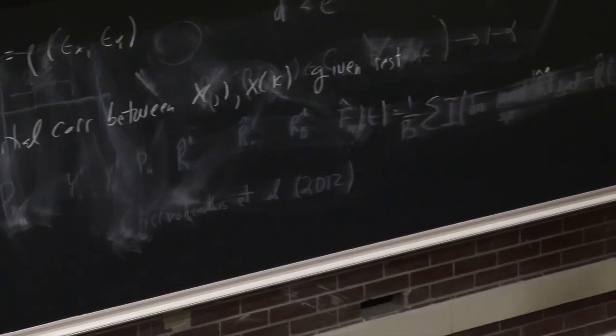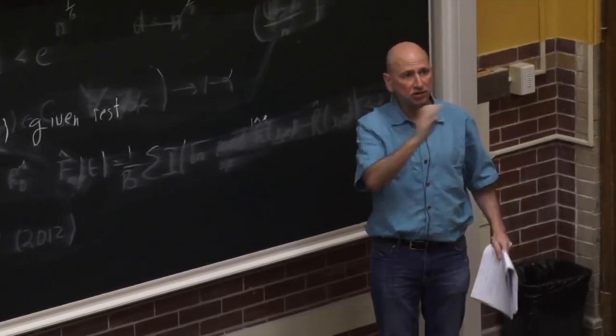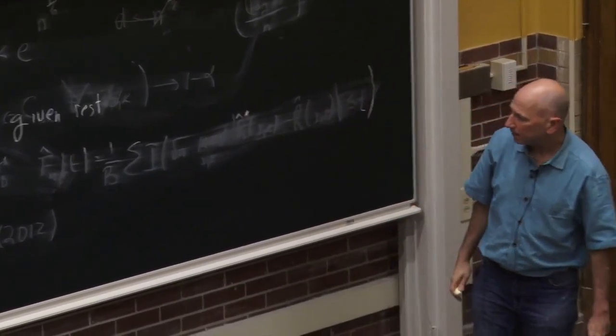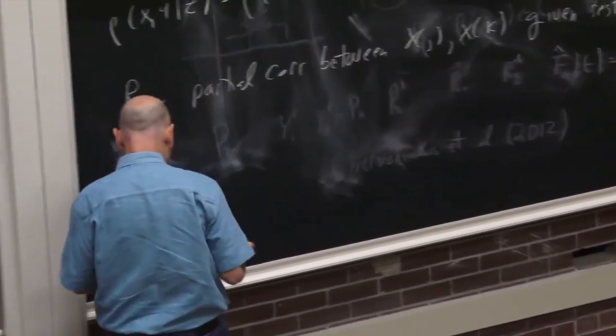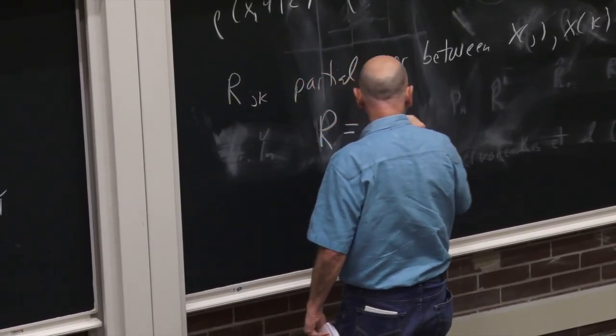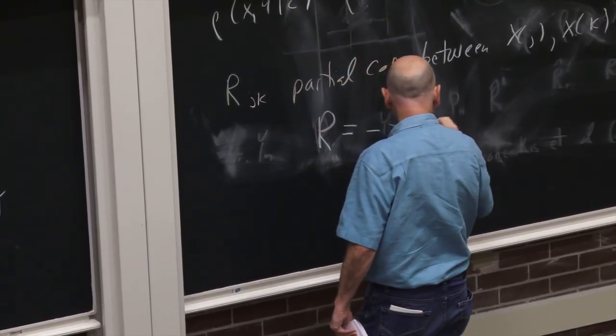In each pair of nodes in the graph, we want the partial correlation between those two nodes given all the other variables. That's what we want to compute. So this is a D by D matrix now. And it turns out that there's a nice simple formula, which is simply this.